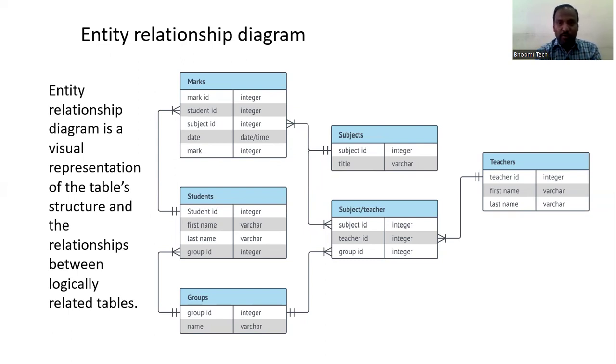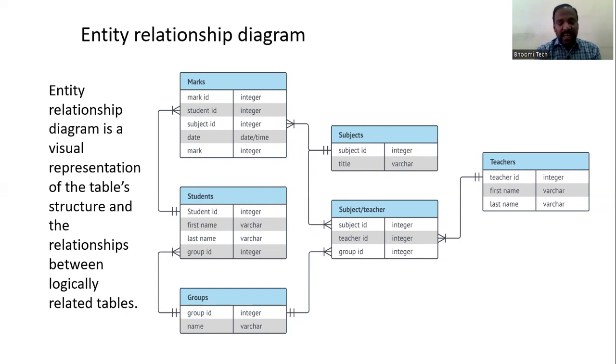To solve this problem, we have the entity relationship diagram. It is a visual representation of all the tables in the database, and how these are related, like one-to-one relationships or one-to-many relationships. These are logically related to one another using primary key and foreign key.